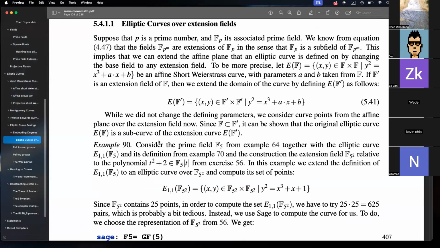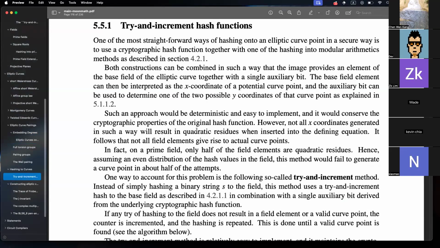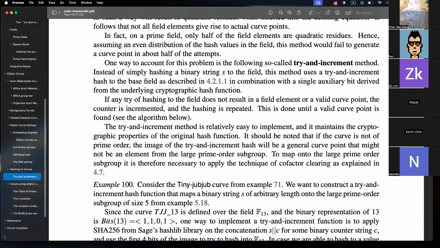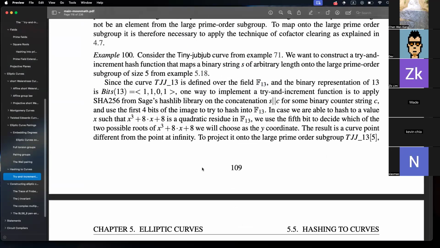It can be very efficient because if your field is pretty large, or if the points in your elliptic curve are pretty large, there shouldn't be too much collision, I suppose. When you hash something, it might very easily land within that field itself, or the curve itself.